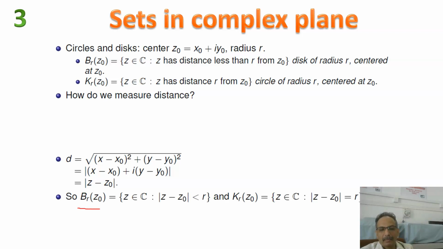So B_r(z0) represents the set of all complex numbers z that obey the condition mod of z minus z0 is less than r.